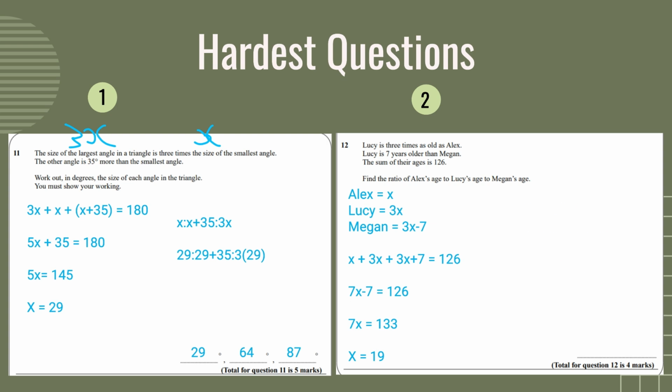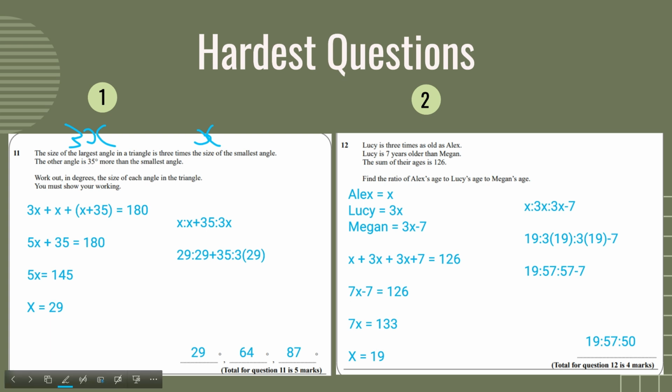We then write it in the ratio of Alex's age to Lucy's age to Megan's age, so x, 3x, 3x - 7, we then get 19, 3 times 19, and 3 times 19 minus 7. Here it would be 19, 57, and 57 minus 7, giving us our final ratio of 19, 57, and 50.